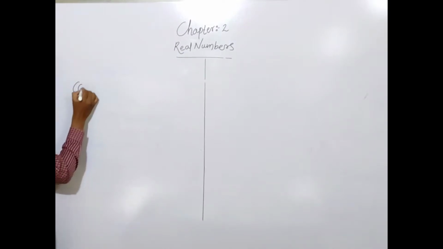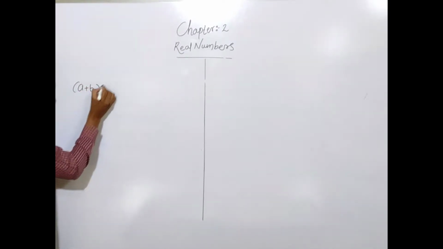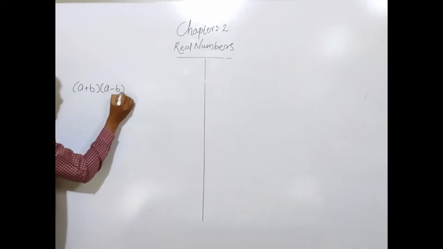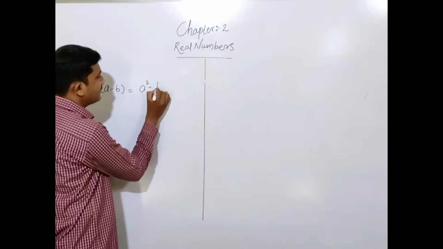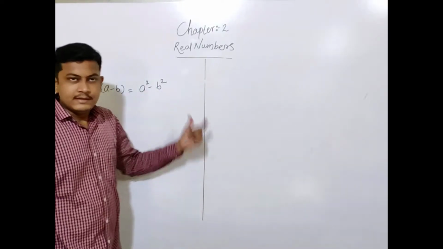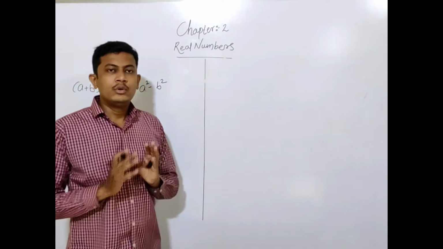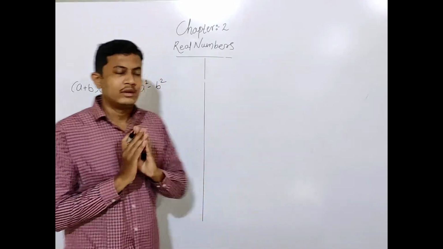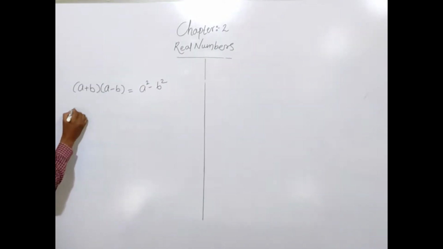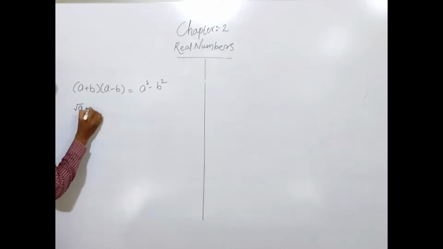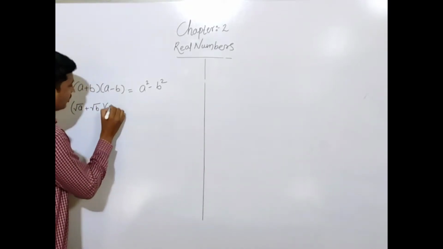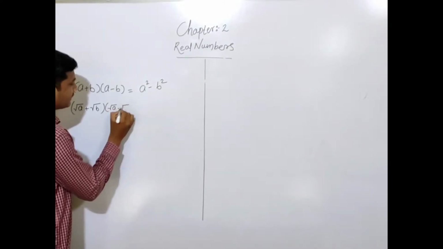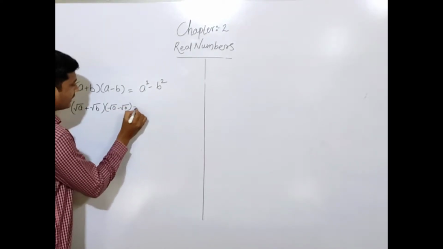We have seen that (a plus b) into (a minus b), if we simplify it, we get a square minus b square. In this formula, we put each term in the form of a root. So we get root of a plus root of b multiplied by root of a minus root of b.